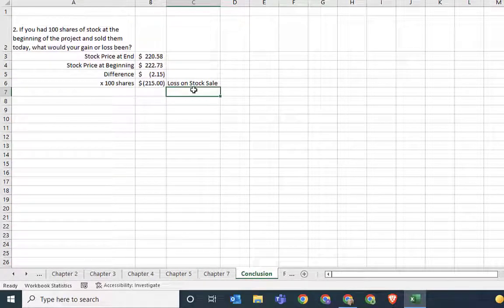So you might say, well, I've said all positive things about this company, but I lost money. And that is true, but honestly, $2.15 is 1%. And I would say that based on the last few years, because you always have to look at the economy and other factors.